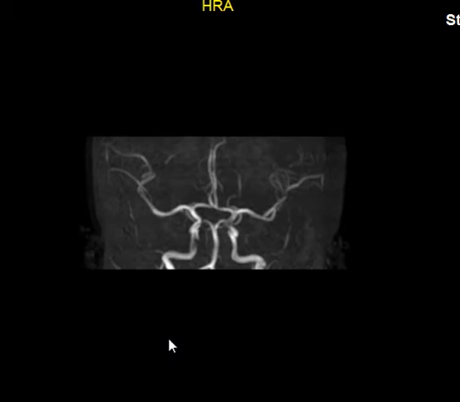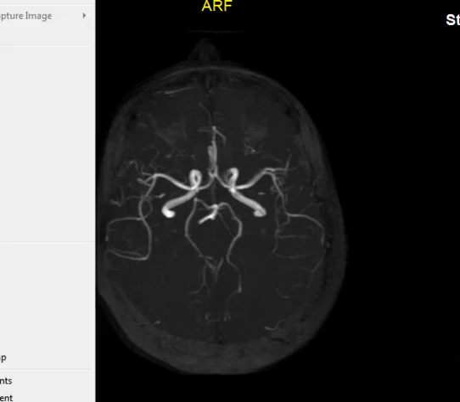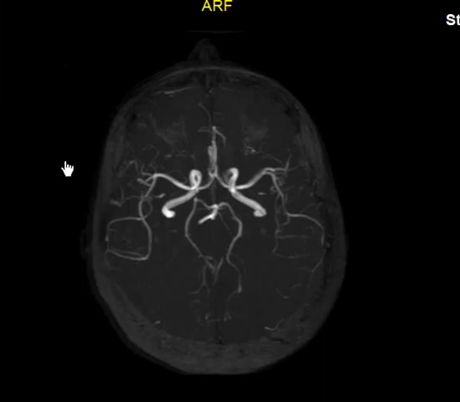Let's start with the anterior circulation. We have the internal carotid artery, right and left side, this one and this one. Each one will bifurcate into what? Middle and anterior cerebral artery. This is the middle cerebral artery and the anterior cerebral artery.